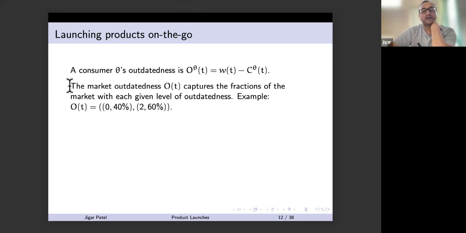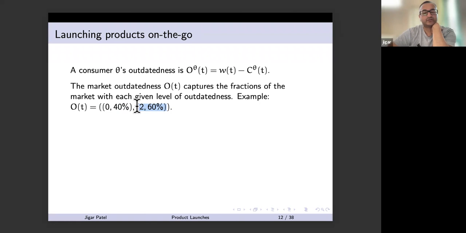So the structure of market's outdatedness is this composition, which captures the fraction of the market with each given level of outdatedness. For example, let's say current market is such that 40% of the people own the latest product and 60% of the people own product, let's say 2 units. Their outdatedness is 2 units or 2 generations.